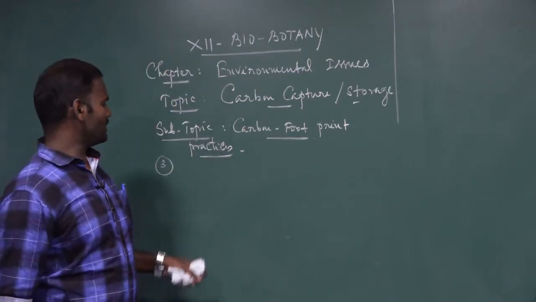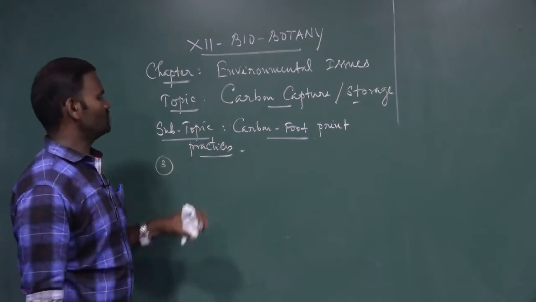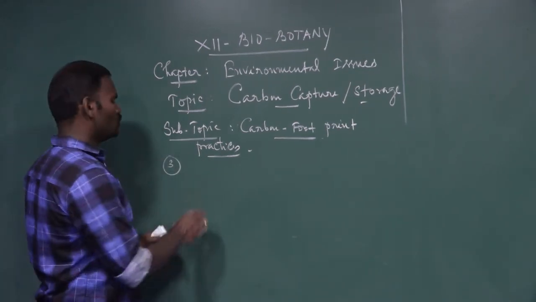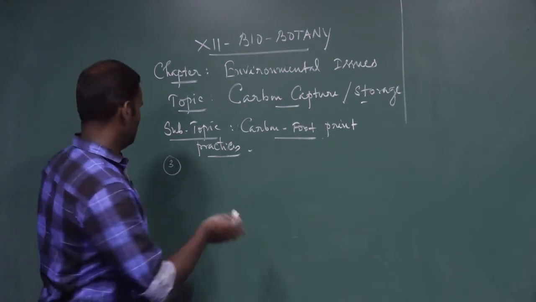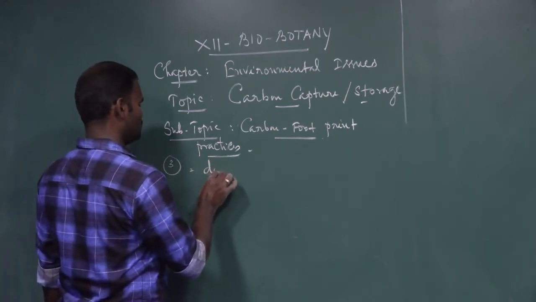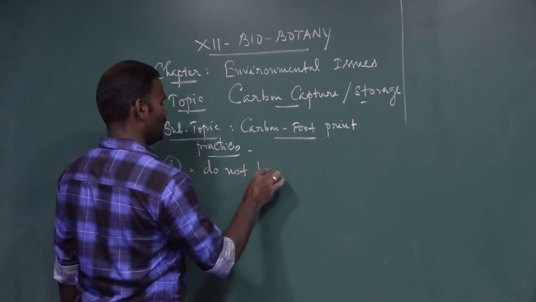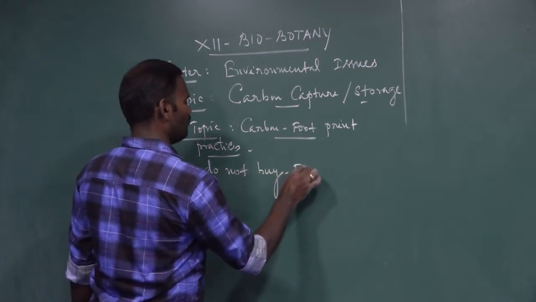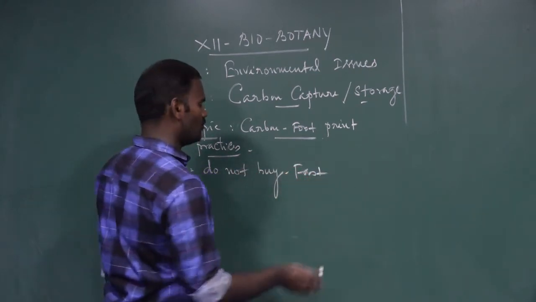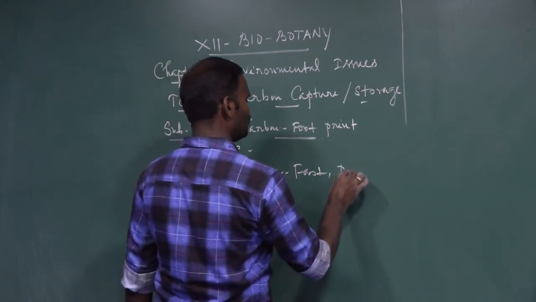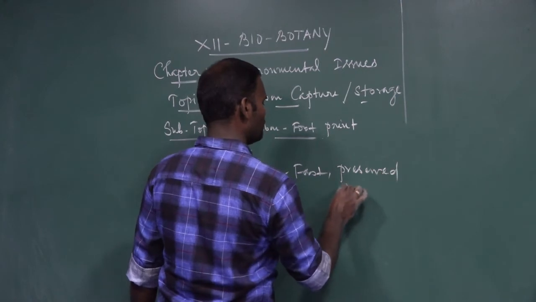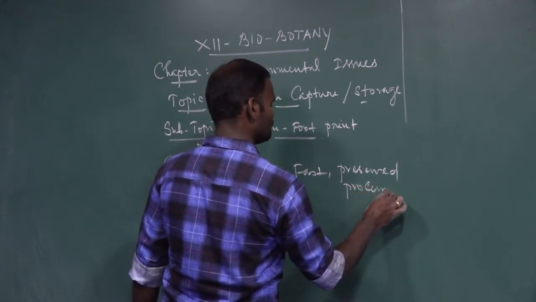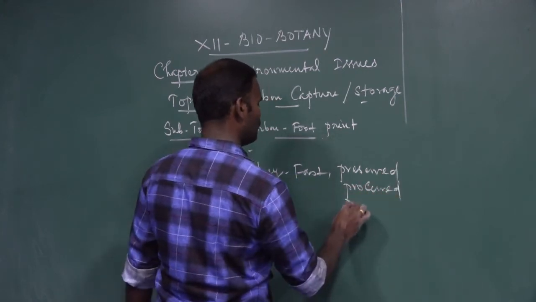Okay, the third practice for the reduction of carbon footprint: do not buy fast food items. Do not buy fast or fried items, fast food items, and also preserved food items, processed food items, and also packaged food.